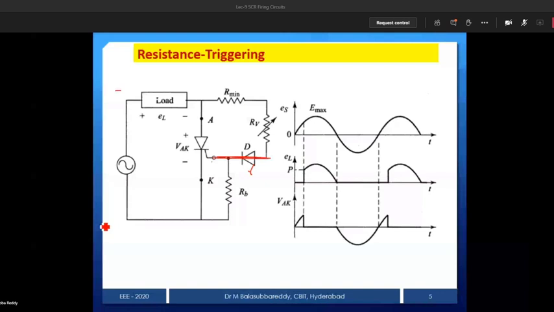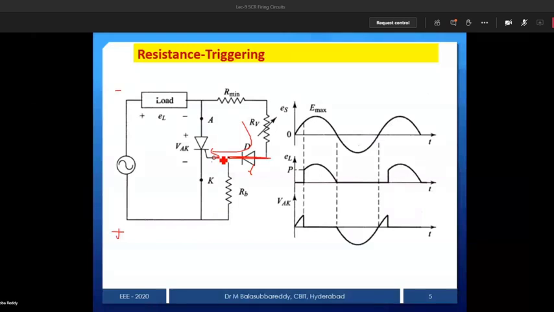So even with no diode, negative current is going to pass through the gate terminal. That is also a problem. You cannot apply negative gate current. So to prevent negative triggering, you have to use a diode here. If the diode is not used, there is a chance of passing negative gate current through the thyristor. That is unwanted. That's why, to prevent negative conduction, you make use of a diode.